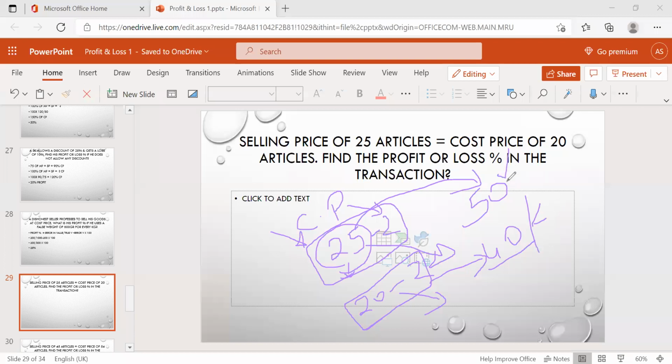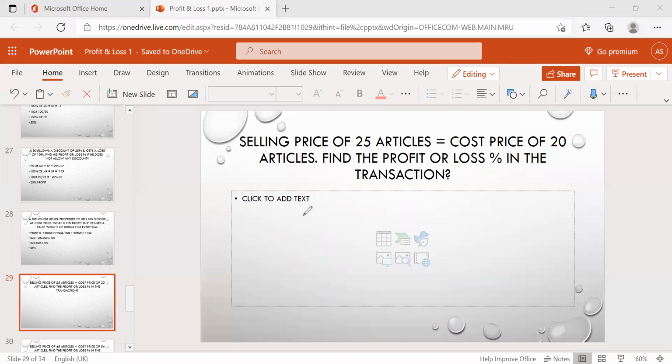That means the cost price is more compared to the selling price, so it will be a loss, right? So here we'll do the same thing. First understand, it is a loss percentage.